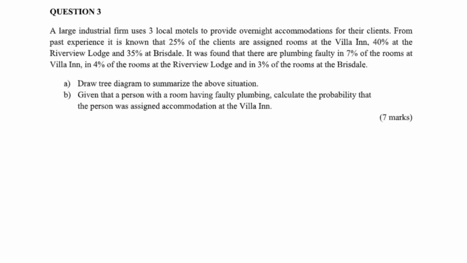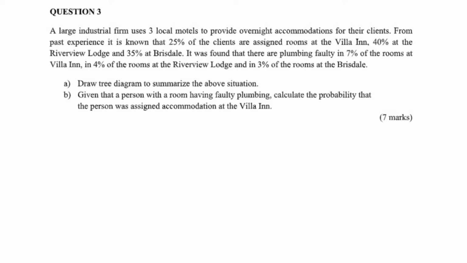Now for question 3, they asked to draw a tree diagram to summarize the above situation. Firstly, we just list out all the information that we can use. From past experience, it is known that 25% of the clients are assigned rooms at Villa Inn.